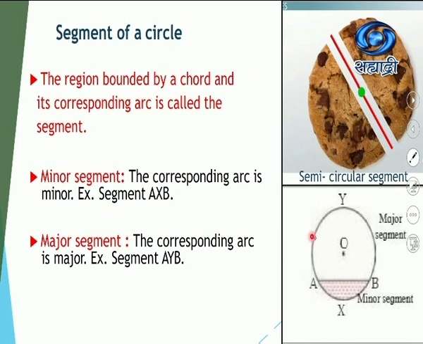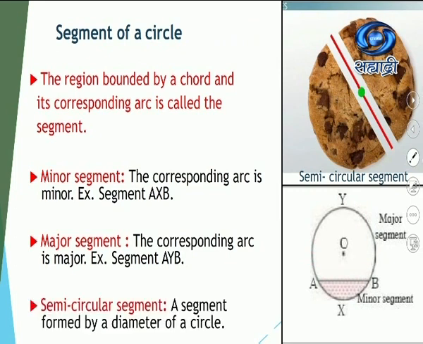Here, this segment AYB is a major segment. And then semicircular segment, a segment formed by the diameter of a circle. See here, two equal parts are done. Therefore, when the circle is cut into two equal parts through the diameter, then semicircular segments are formed.